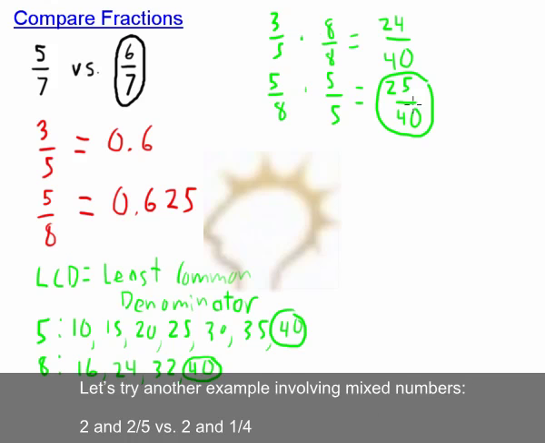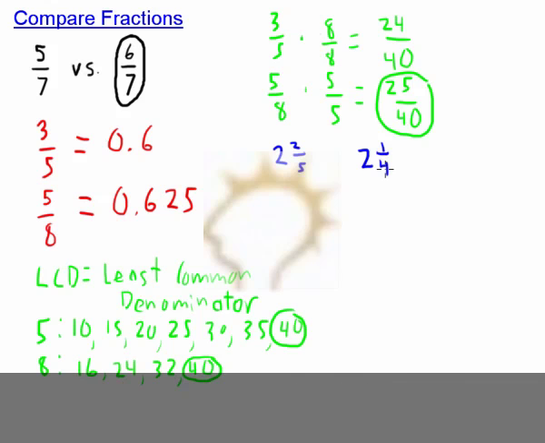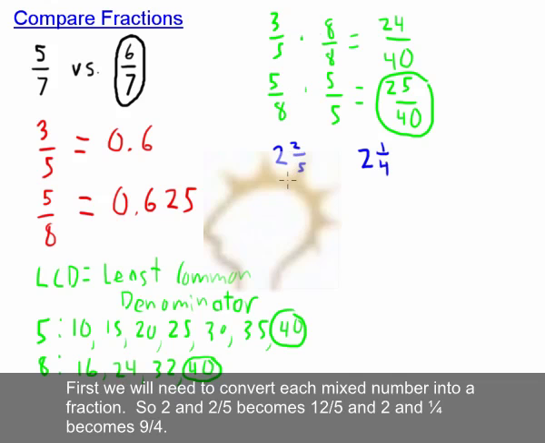Let's try another example involving mixed numbers. 2 and 2/5 versus 2 and 1/4. First, we will need to convert each mixed number into a fraction.